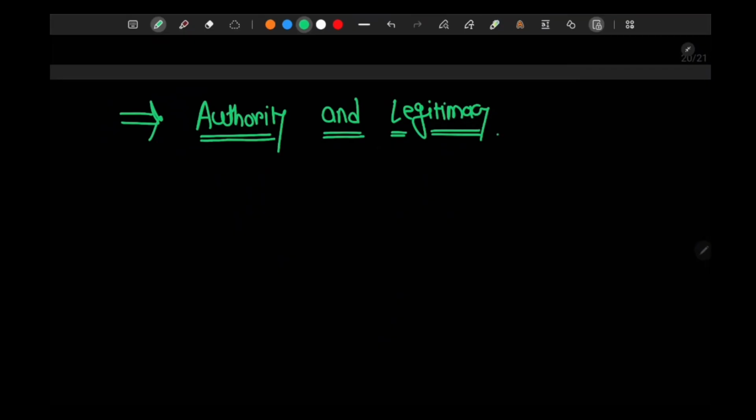In his concept of authority and legitimacy, what is authority? Authority is power plus legitimacy.